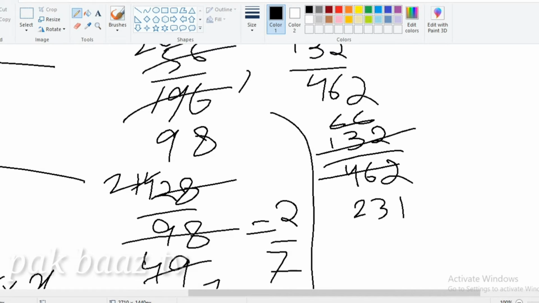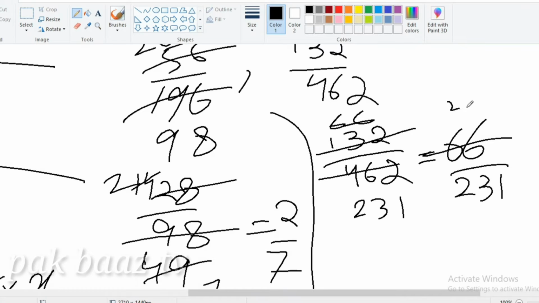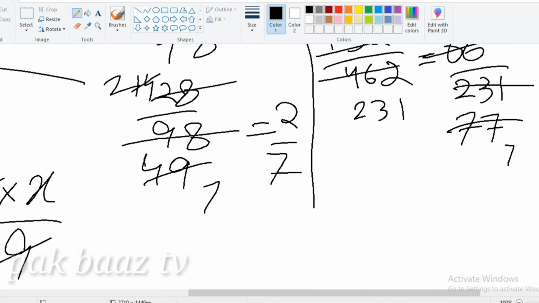Again we have 66 divided by 231. 3 twos are 6, 3 twos are 6, 3 sevens are 21, 2 carry, 3 sevens are 21. Now 11 twos are 22, 11 sevens are 77. It's 2 by 7.